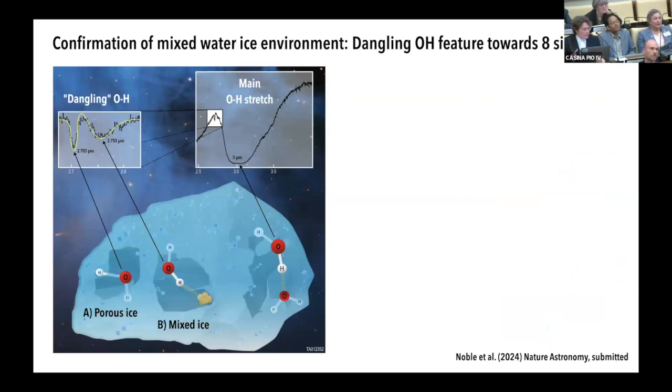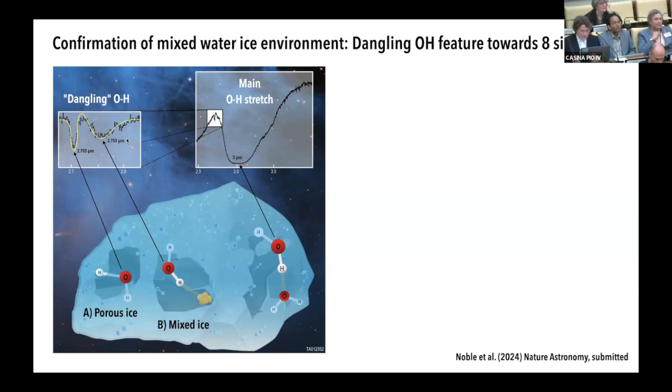More confirmation that we see water mixed with a lot of other ice species comes from this dangling OH feature that we also detect. So there's a main water feature, the OH stretch at 3 microns. And there's this much weaker feature, a set of 2 features right next to it. And these can either be created when you have mixed ices with water and that OH bond is not connected to anything else, or when you have a pore in the ice and the OH is dangling out into the pore.